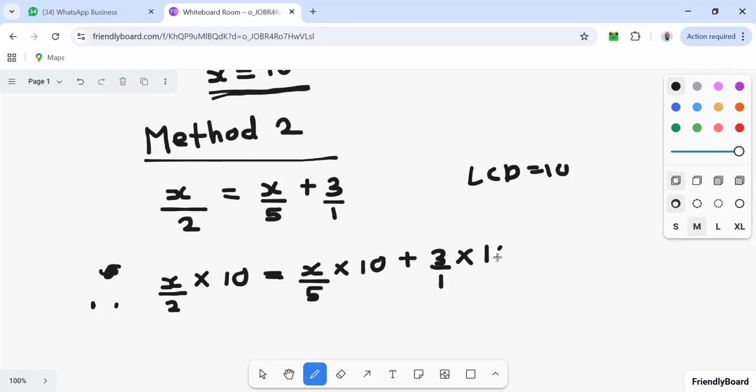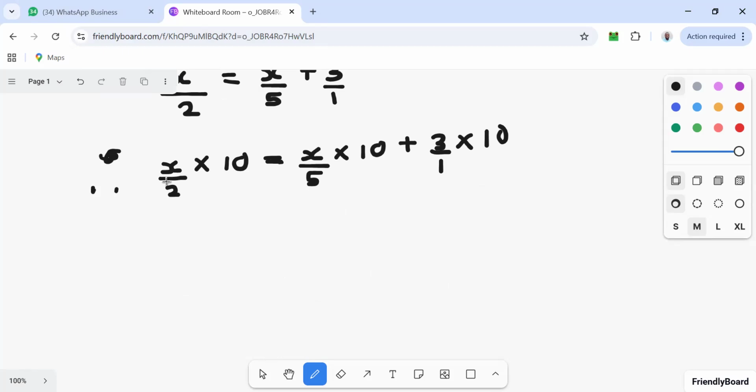So you can see here that I've multiplied all the terms by the LCD of 10.